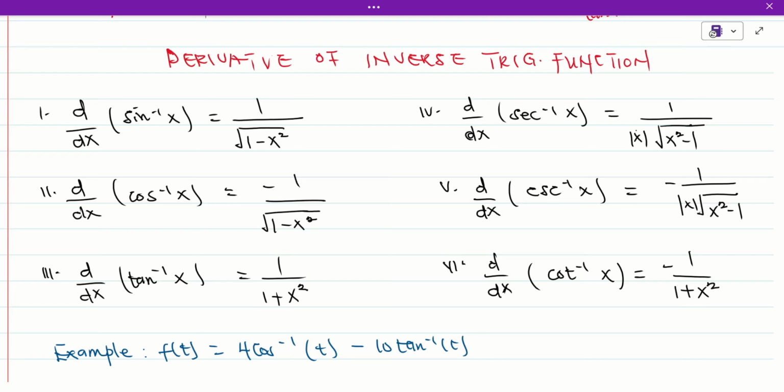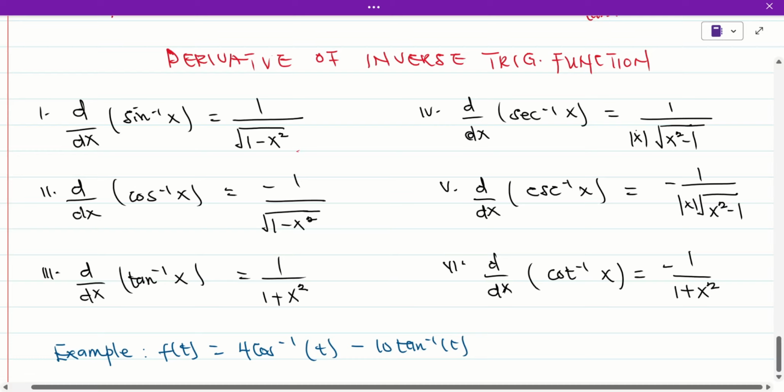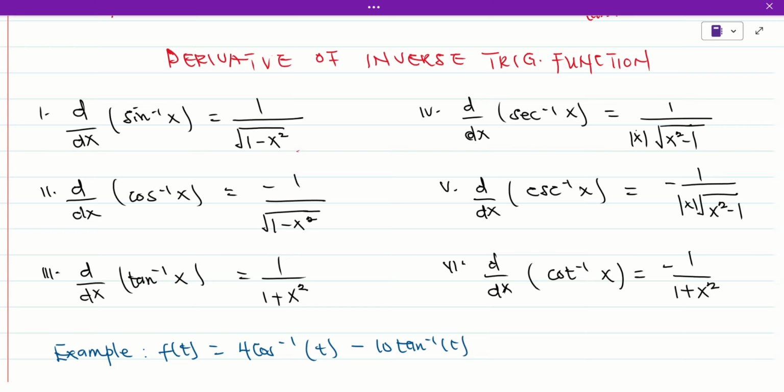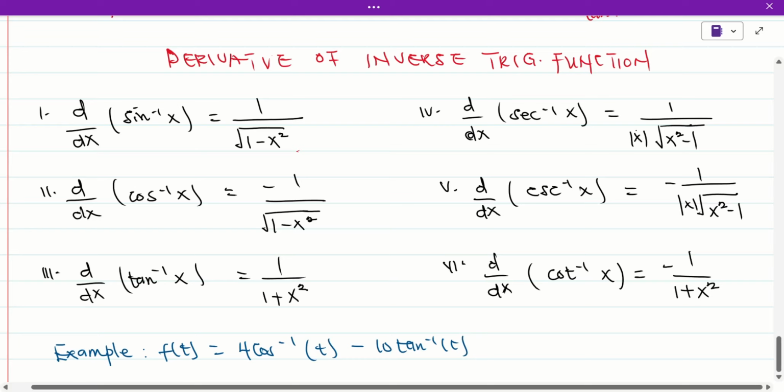Or arc cos x, arc tan x. They are all the same as sine inverse, cos inverse and the rest. So when we differentiate cos inverse of x, you are going to get negative 1 over the square root of 1 minus x squared. You can see that this one is similar to the derivative of sine inverse x, but it has a negative, okay?